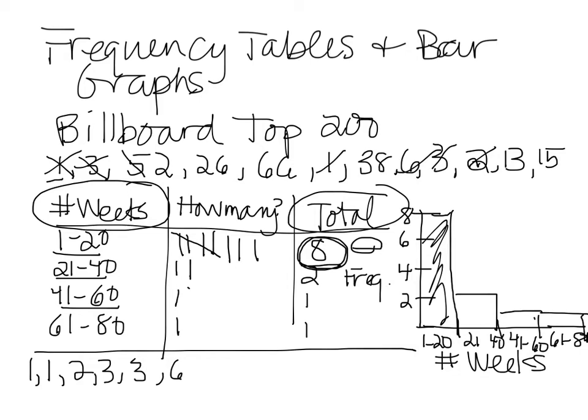2, and then let's see, what's the next one? 13, 15, 26. What's left? Did I call that a 5? No, it's 26. So I have left 38. I have 52 and 66.